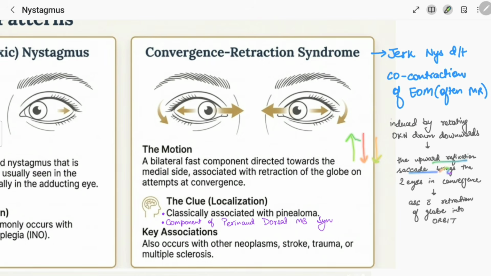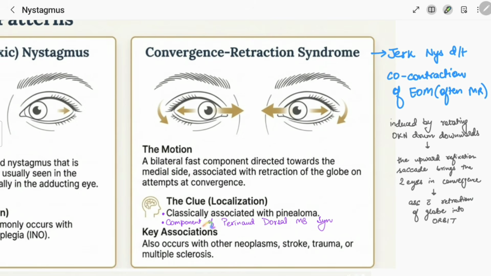So the upward refixation saccade will bring the two eyes into convergence. Thus, the name convergence retraction. The eyes will converge and then the globe will retract into the orbit, that is, it will go behind.